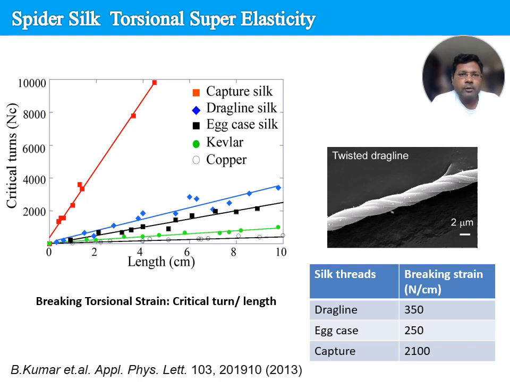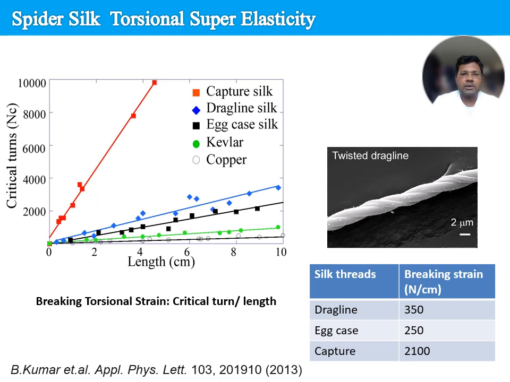Three different kinds of silk, namely dragline, capture, and egg-case silk extracted from a single spider, Araneus neoscona, were used. We captured this spider from the garden of our institute, and it is an orb web garden spider that produces 7 types of silks. We obtained our samples from spiders kept in the laboratory at 25 degrees Celsius and 40% humidity.